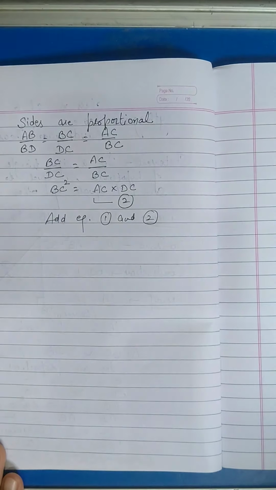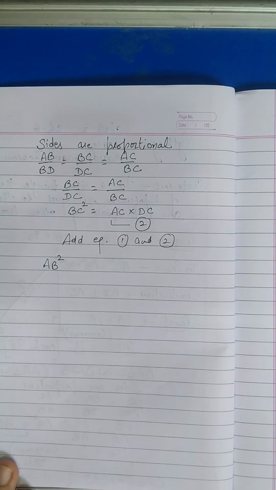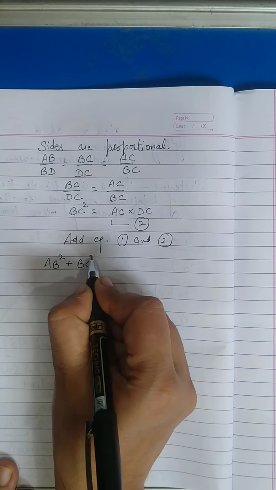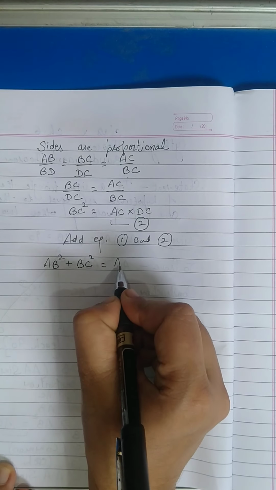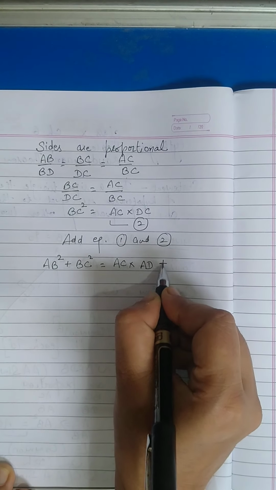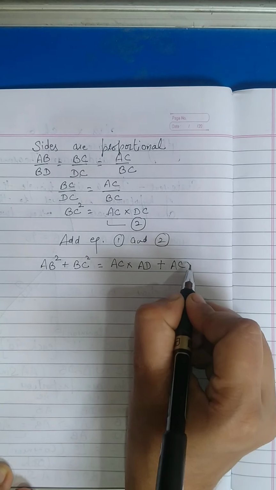And second equation is this. First equation is AB square plus second equation left hand side is BC square. The right hand side of first equation is AC multiply by AD plus the right hand side of second equation is AC multiply DC.